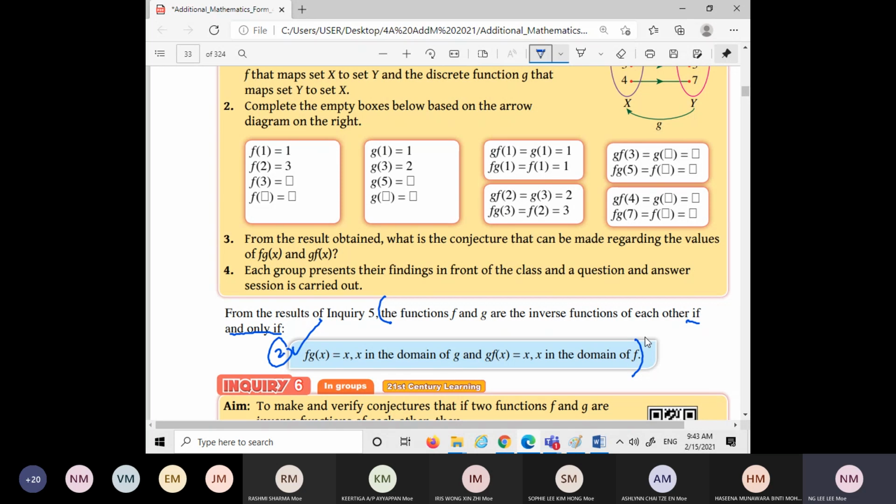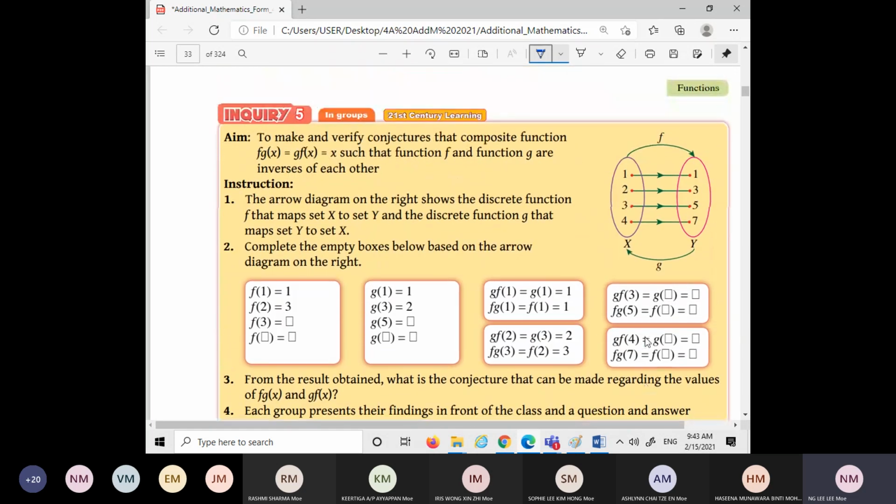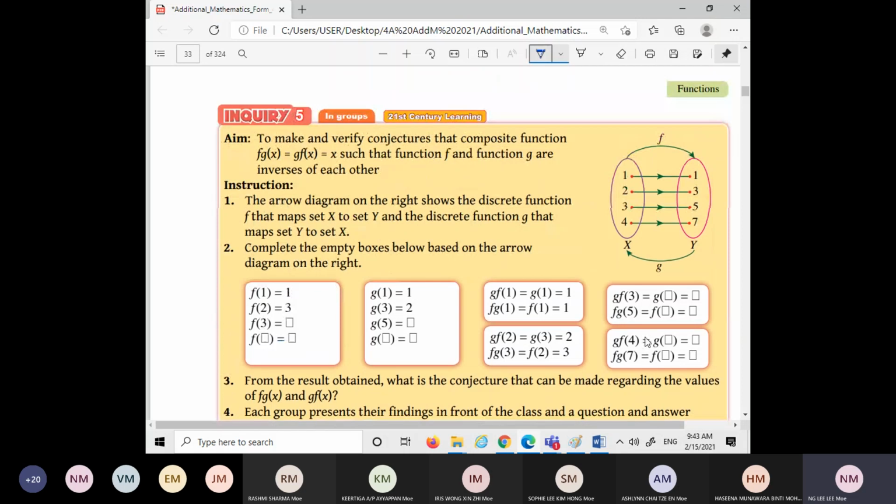We go through this activity. Maybe you see the title here more clearly.